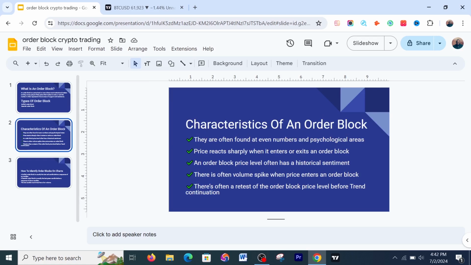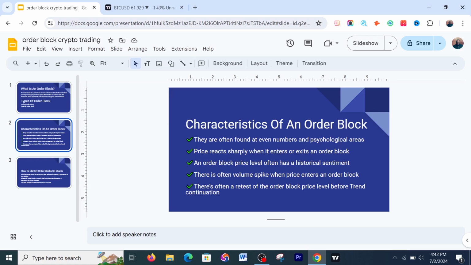The first one is they are often found at even numbers and psychological areas. Take for instance something like BTC. Most of its order blocks are in psychological areas, like 10K, 15K, 20K, 25K. Those are psychological areas.